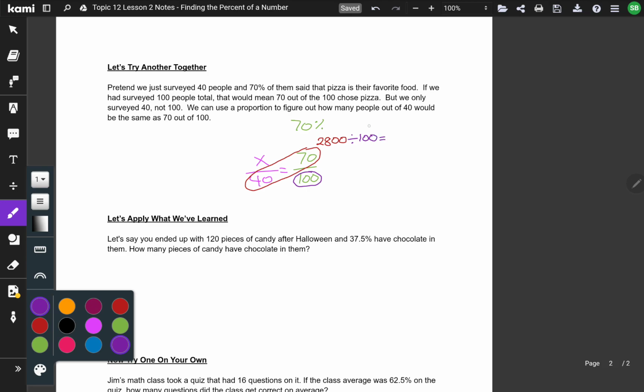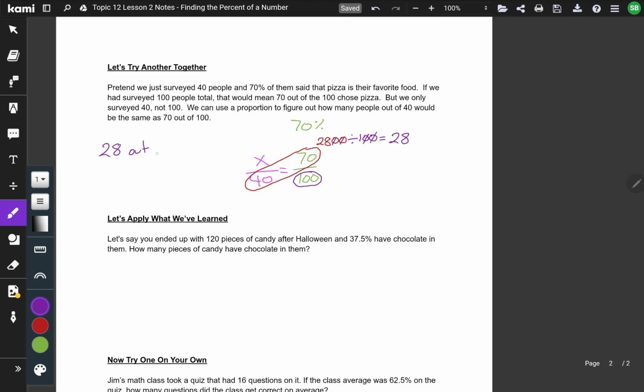Again, calculator, or if you know your hundreds trick, cross out your zeros. That leaves me with 28. So 28 out of the 40 people chose pizza.